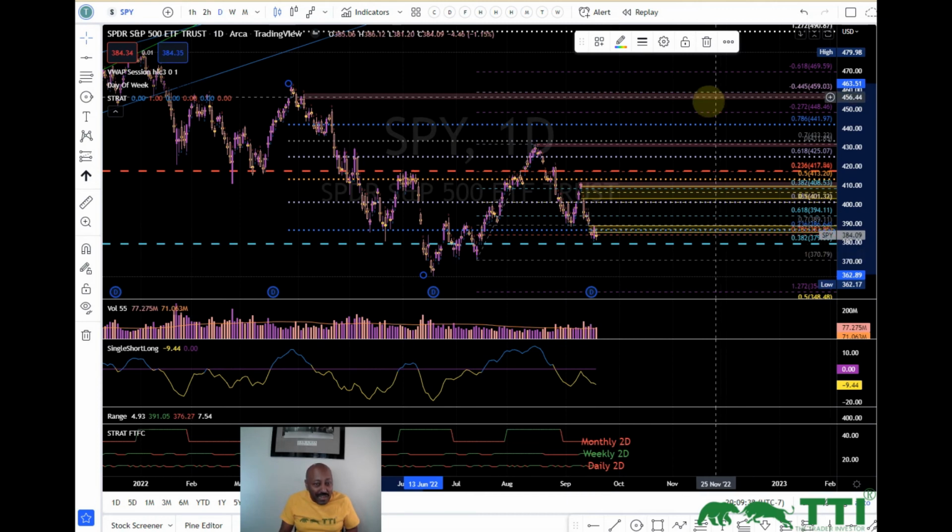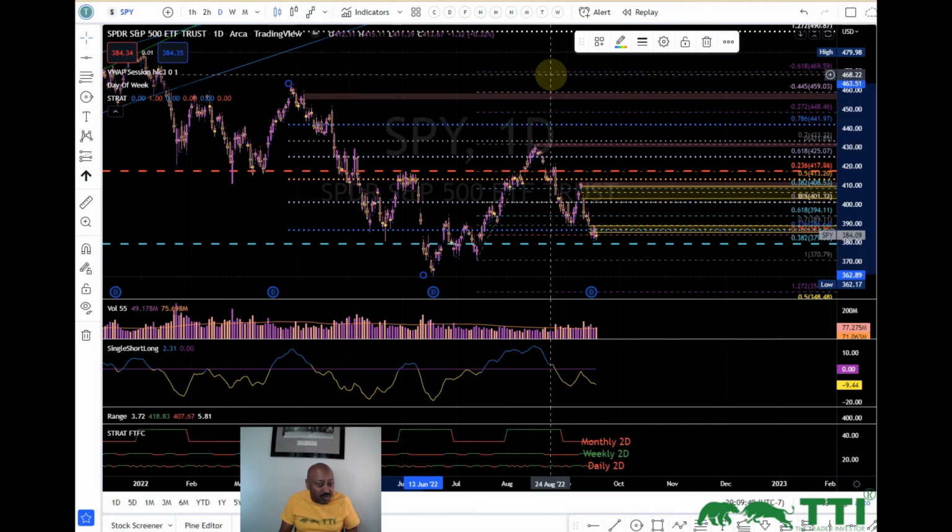Instead of waiting for targets 1, 2, 3 to hit, if I take a position and it's not lined up with the monthly, I say, you know what? If I enter at 38, I'm exiting at the 0 line. I don't want to wait until I hit full target, because this is short-term planning that goes against the broader market time frame.